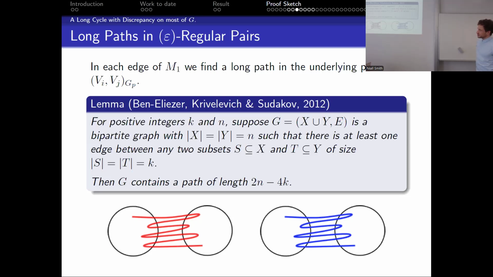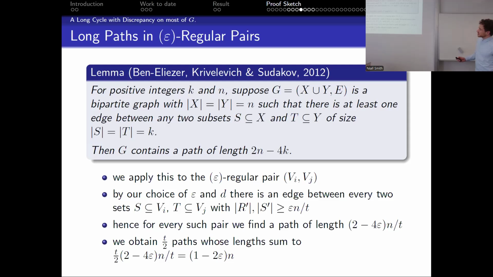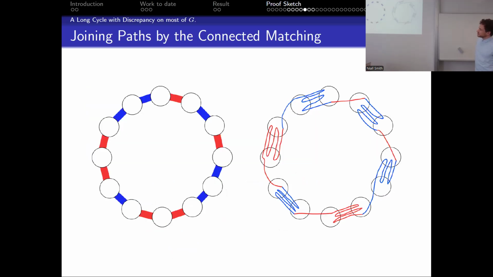So you do this in the first matching, and then in the second matching, you just take any edges which are close to the ends, and then it gives you this long cycle.